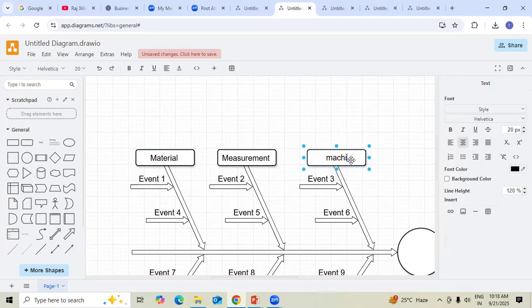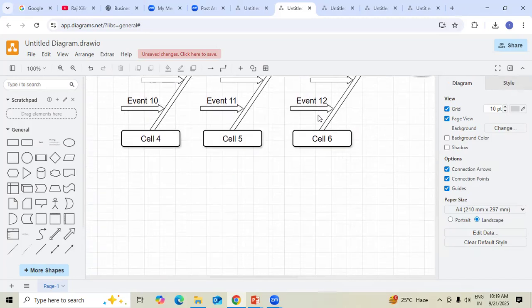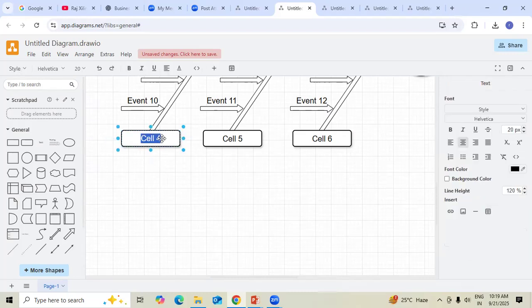Whatever processes I told you, whatever cells we want to be updated, everything I'm mentioning here. The first one is material, the second is measurement, the third is machine. Next, we must know what method we are going to follow.